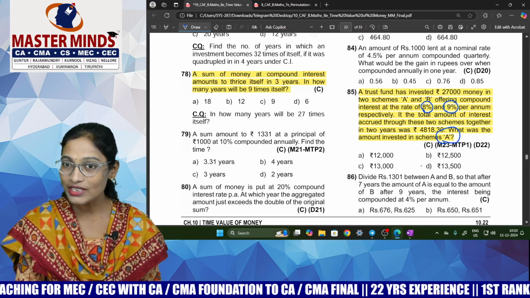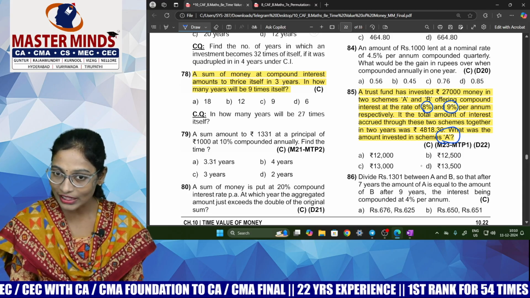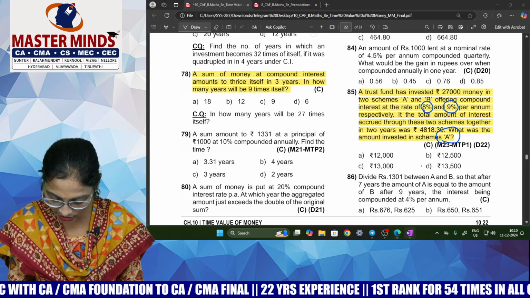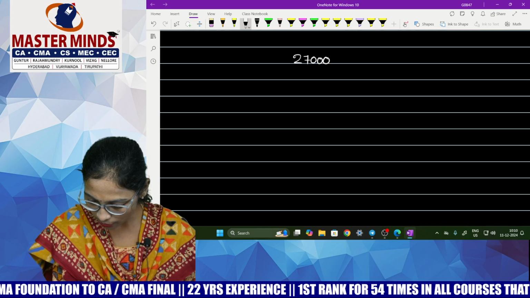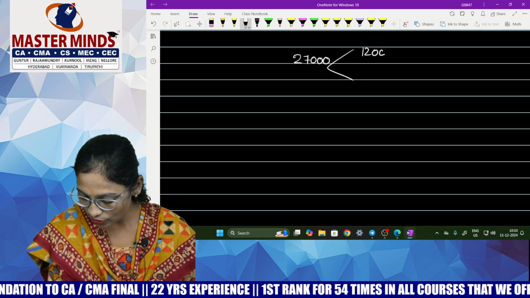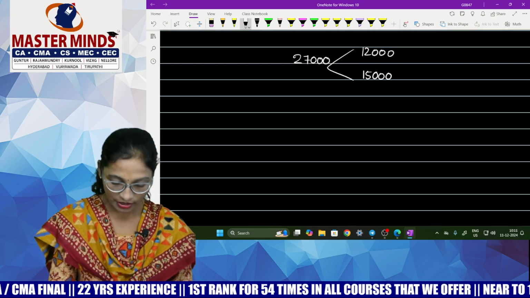So guys, as per the question, what is the total amount of investment? 27,000, no? Out of 27,000, if 12,000 is invested in scheme A, what is the amount invested in scheme B? So if 12,000 is invested through scheme A, then 15,000 should be invested in scheme B, right?